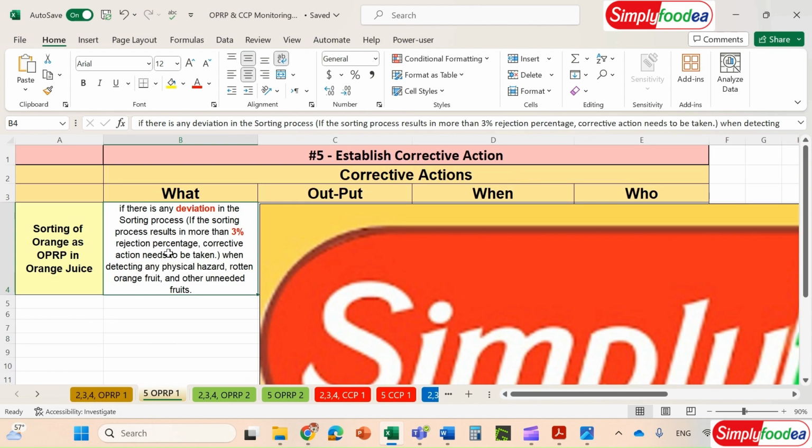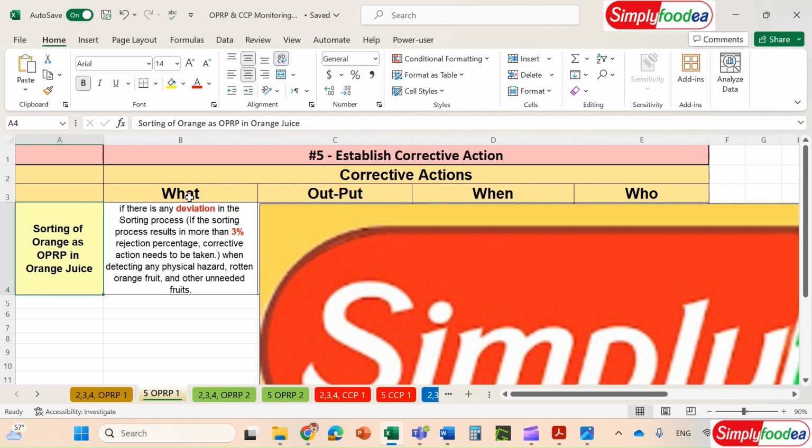So if there is any deviation, which means there are results of more than 3% rejection percentage, corrective action shall be taken when detecting more than 3% in any physical hazard, either rotten orange fruit or other unneeded fruits.